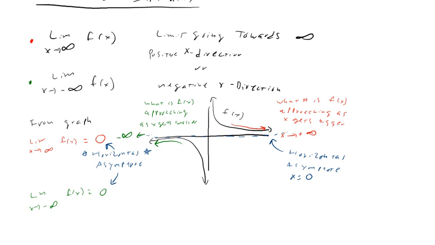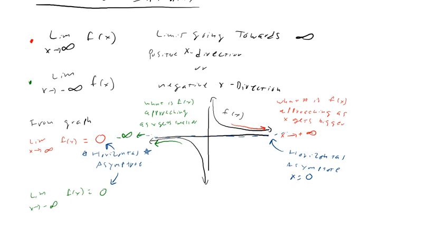These horizontal asymptotes, right? We know about vertical asymptotes. Vertical asymptotes are points of discontinuity. Horizontal asymptotes are not points of discontinuity necessarily. They're just what's happening at the ends of the graph.